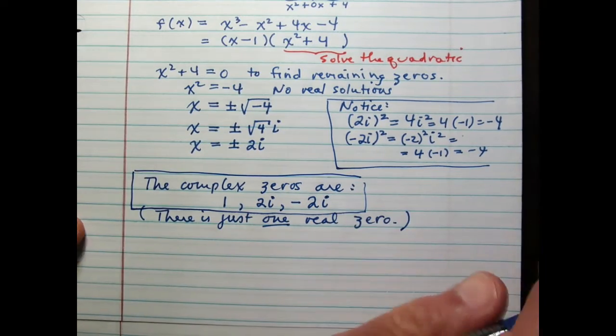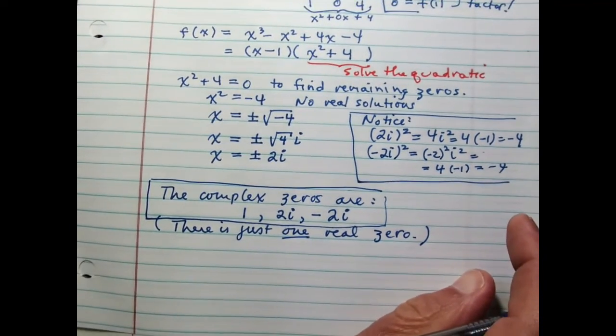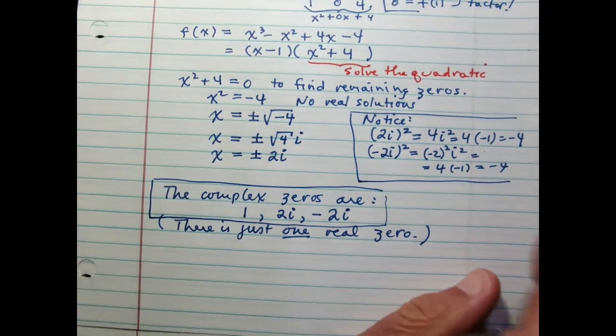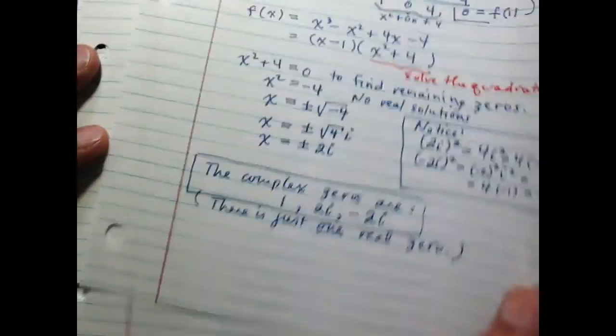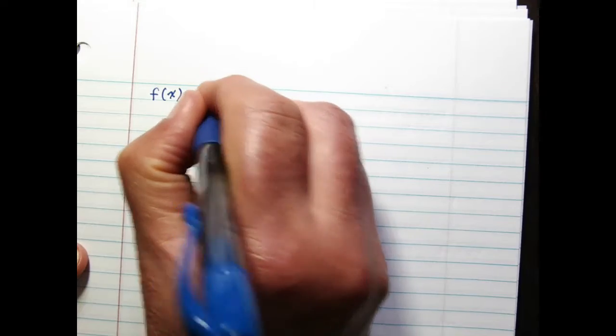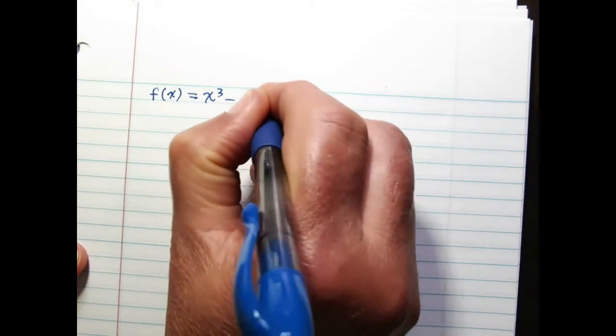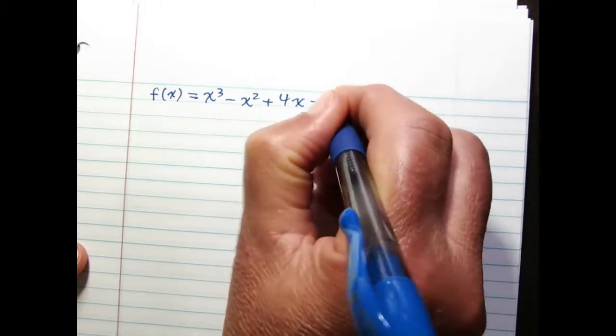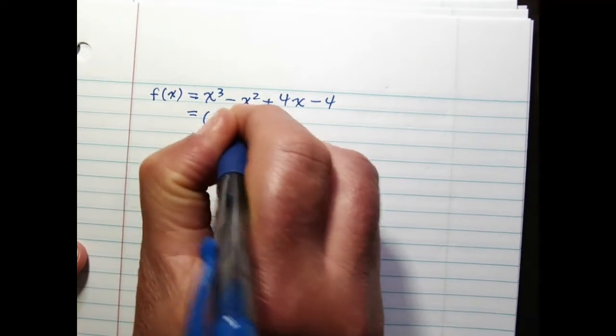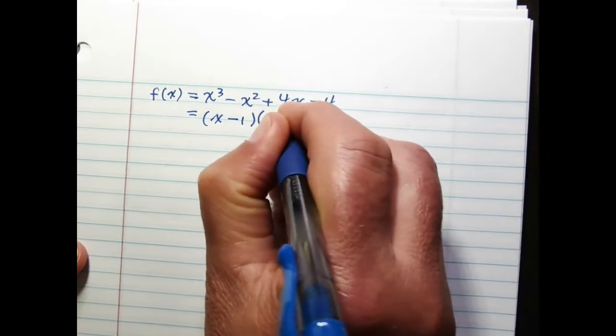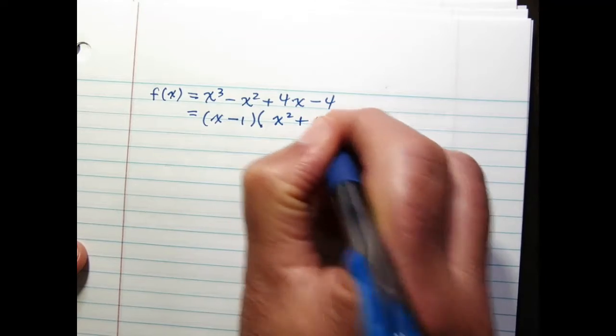But again, I'm going to say a little bit more on the end of this video about what's going on with this polynomial. Let's go to another sheet. I can take my function f of x, which was x cubed minus x squared plus 4x minus 4. Now we saw that we could factor it as x minus 1 times x squared plus 4.